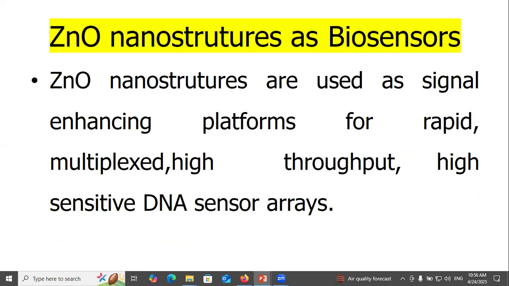Zinc oxide nanostructures as biosensors. Zinc oxide nanostructures are used as signal enhancing platforms for rapid, multiplex, high throughput, high sensitivity sensor arrays.